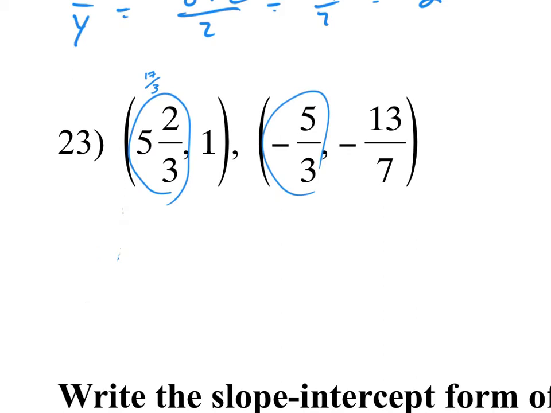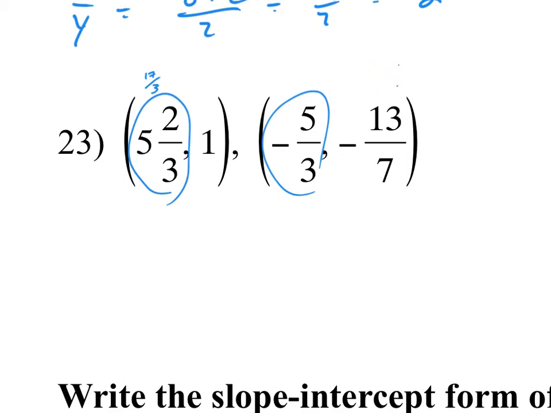And then with this guy, this is 13/7. Ooh, 7. So this is, let's see, 7/7 and 6 more sevenths. Oh, why am I changing it? Leave it like it is.